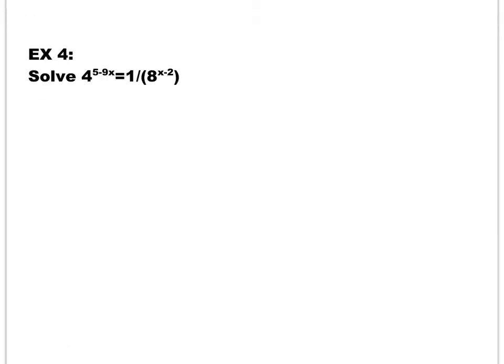In the next example, we have 4 exponent 5 minus 9x equal to 1 over 8 exponent x minus 2.